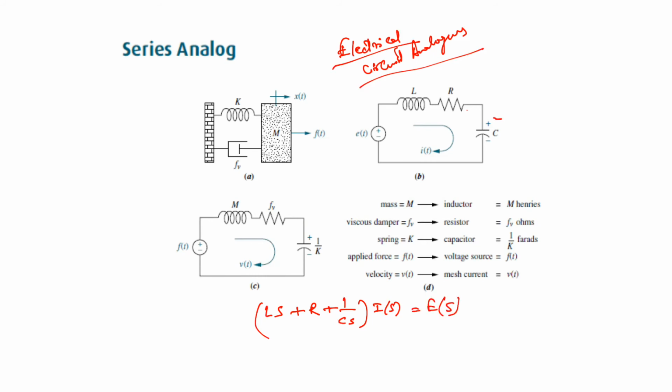Now in case of rotational mechanics, we have also found the transfer function, that is (Ms + Fv + K/s) V(s) = F(s).